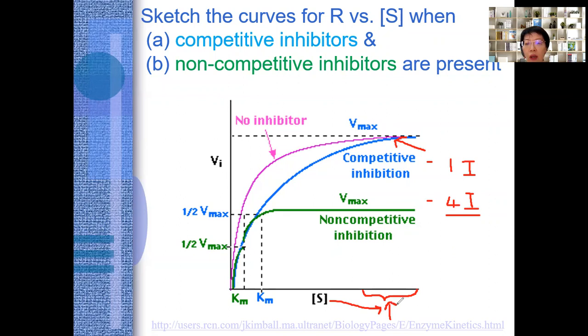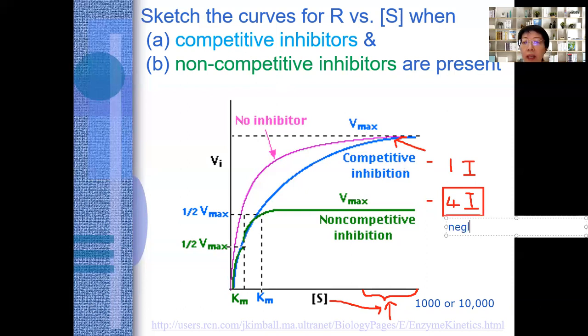Very high. So how high is high? Usually we use 1000 to represent substrate concentration, or maybe 10,000, versus 4 inhibitors. Are these 4 inhibitors negligible? Yes, it's negligible at high substrate concentration, right?